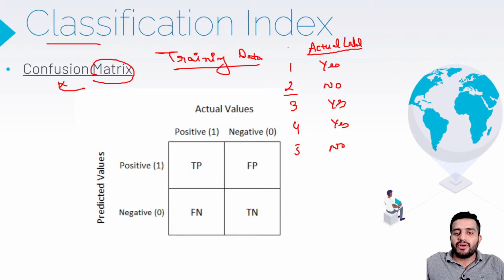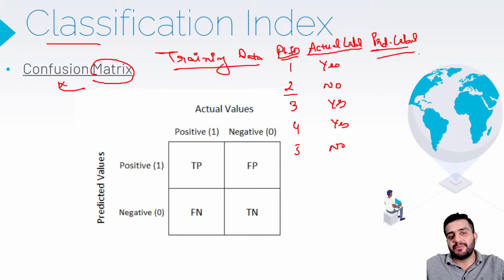So for each of these patient IDs, I have the actual labels: yes, no, yes, yes, no. I would have trained my model and tested it, so I would also have the predicted label, where after the ML algorithm has been trained, I have the prediction results as well. For patient 1, who was actually yes, my model is also saying yes.